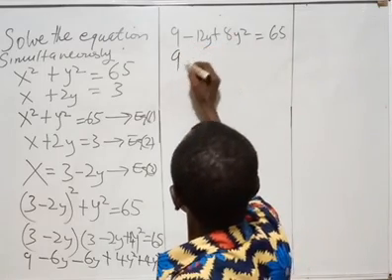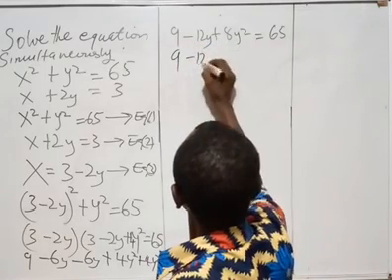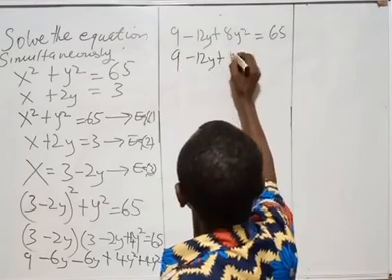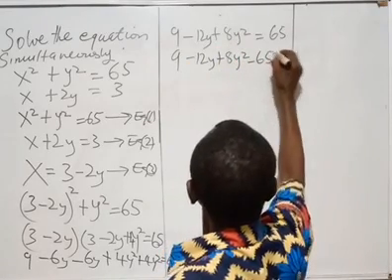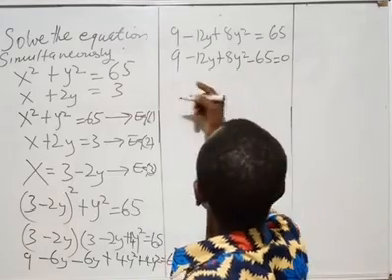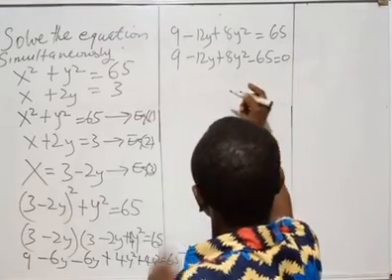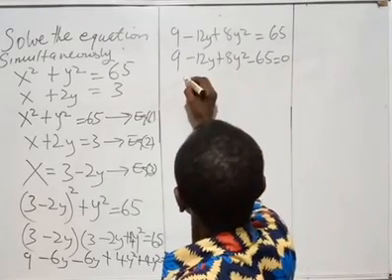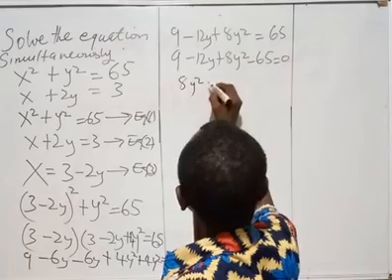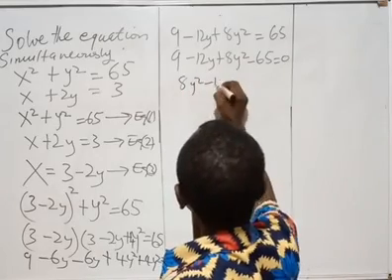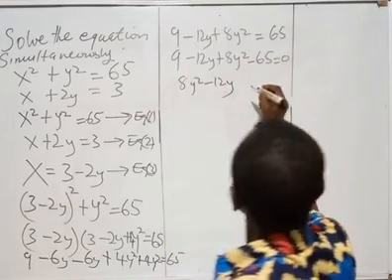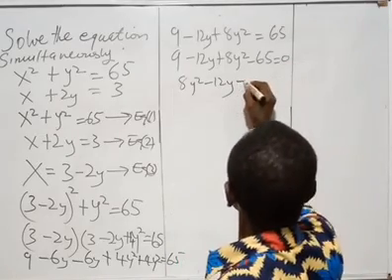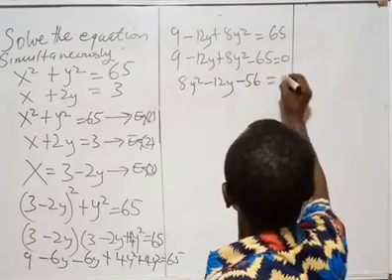I now say 9 minus 12y plus 5y squared minus 65 equals 0. I simplify that further. I can now say 5y squared minus 12y, and 9 minus 65 is going to give us minus 56 equals 0.